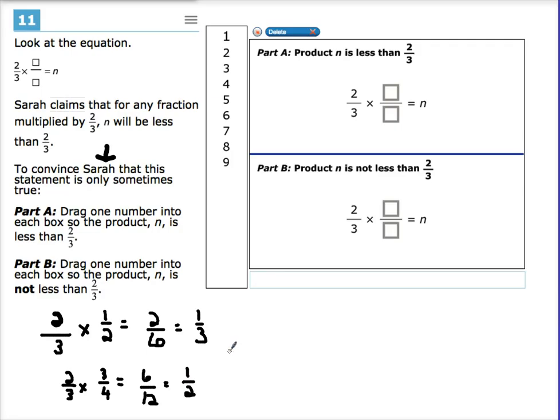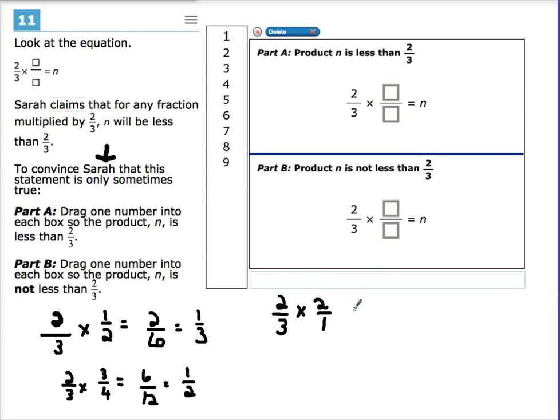So, I'm going to think about something here. I'm going to think if I use 2/3 and I want this to be greater than 2/3 after I multiply. I know that I can use the multiplicative inverse, and 1/2, and the multiplicative inverse is 2/1.